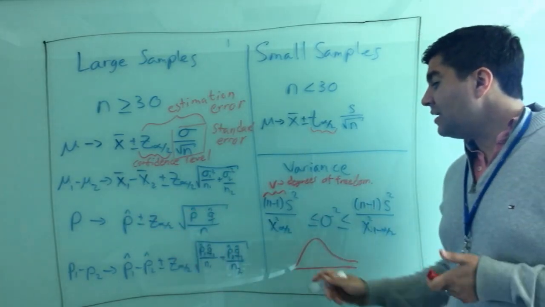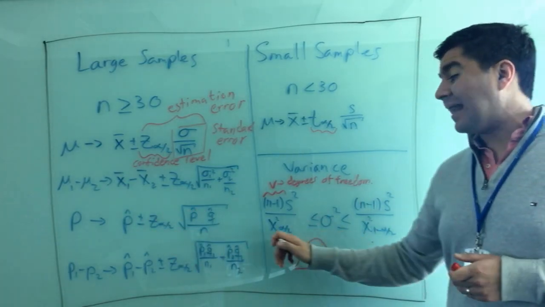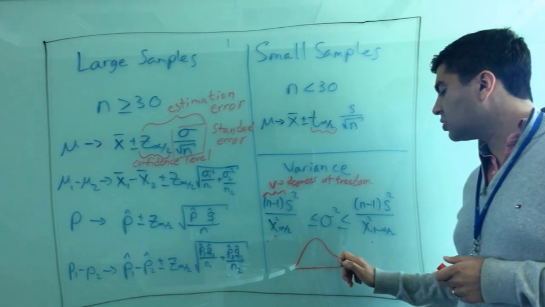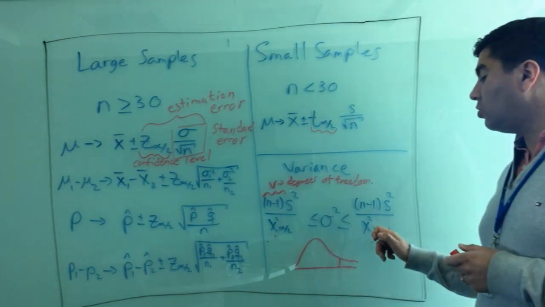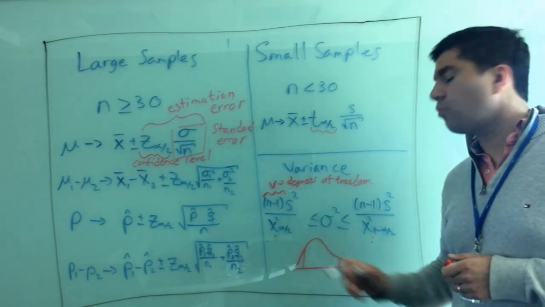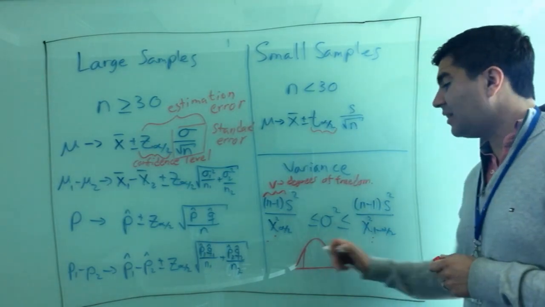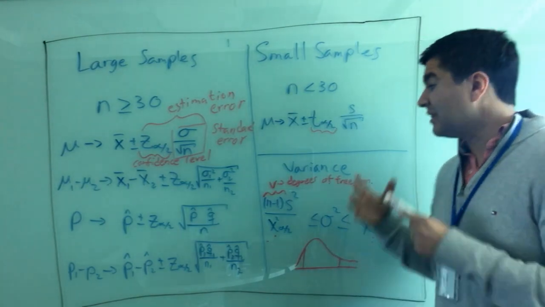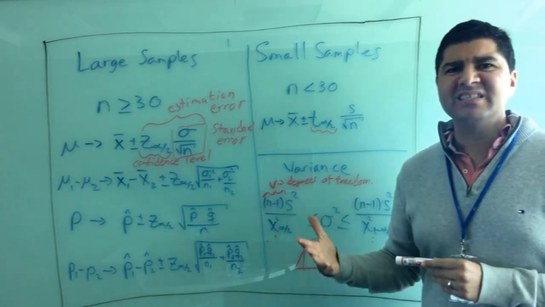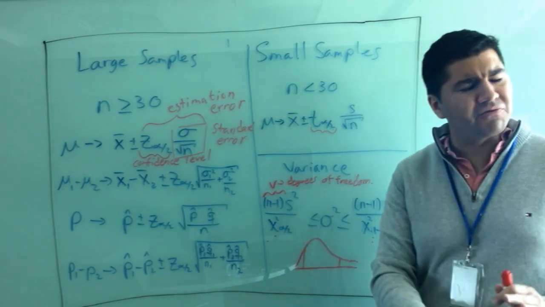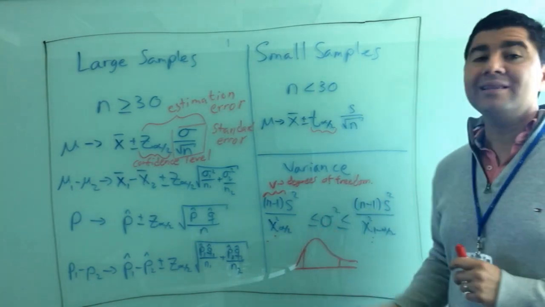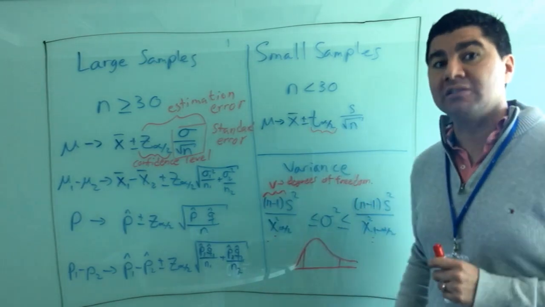What we need to do is to consider two values: a large value that is going to be located somewhere over here, and a small value that is going to be considered somewhere over here. These values are the ones that will give us the confidence interval for the variance, and the procedure is slightly different. That's the reason we're looking at this example at the end of this video.